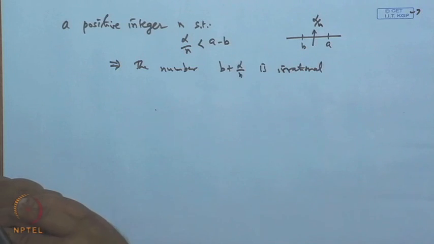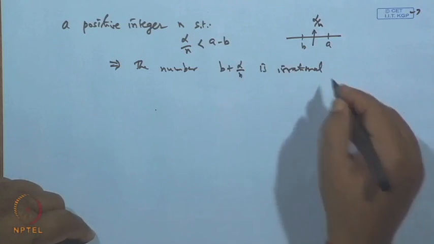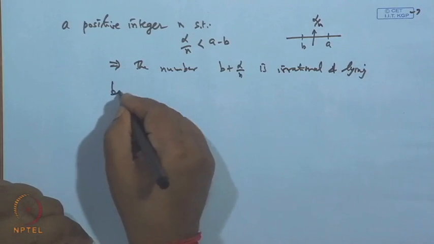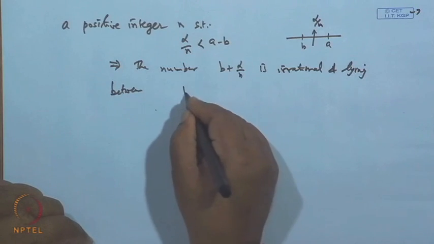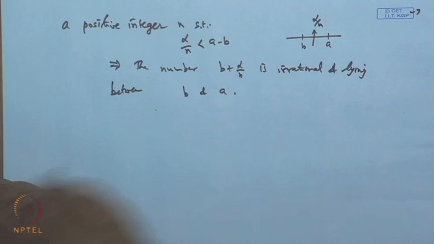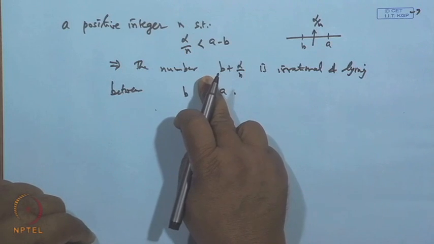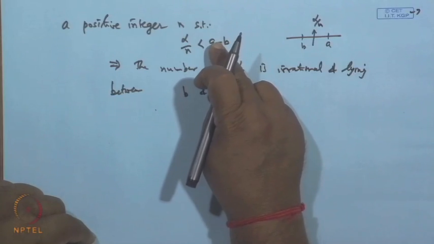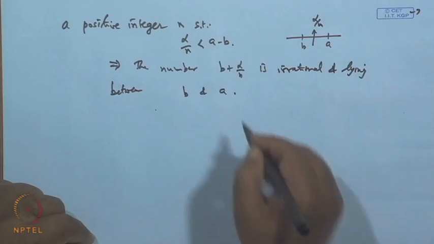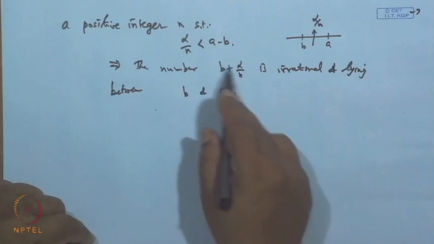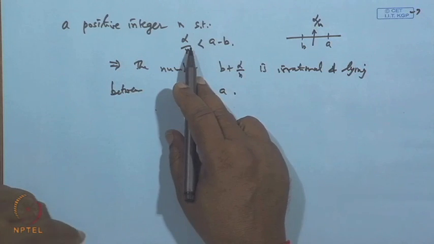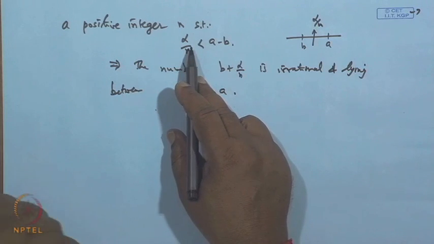Because alpha is irrational, n is an integer of course, and it lies between b and a, because b plus alpha by n is greater than b, but is less than a because of this relation. So, this number is an irrational number lying between b and a. It means between any two real numbers we can find an irrational number.